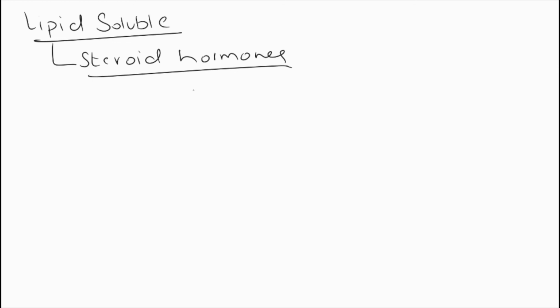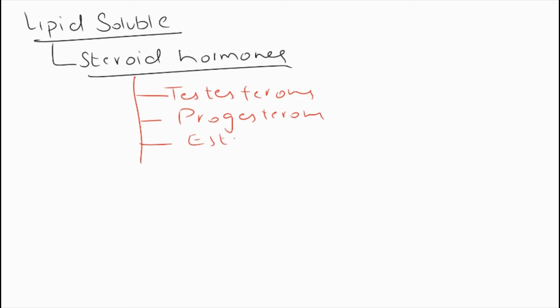The examples of these are, as you know, testosterone, progesterone, estrogen, aldosterone, and many others like vitamin D, cholecalciferol. They are all lipid soluble, so they can easily cross the cell membrane and enter into the cell. So their receptors must be present inside the cell.